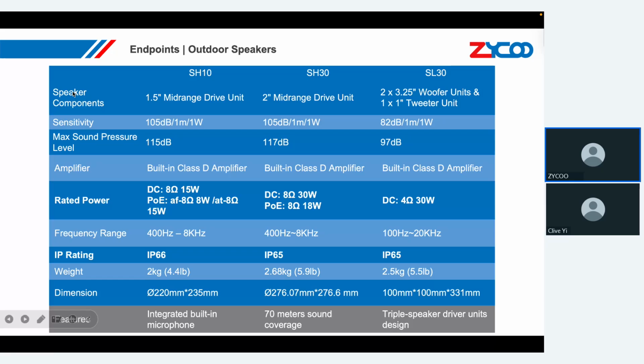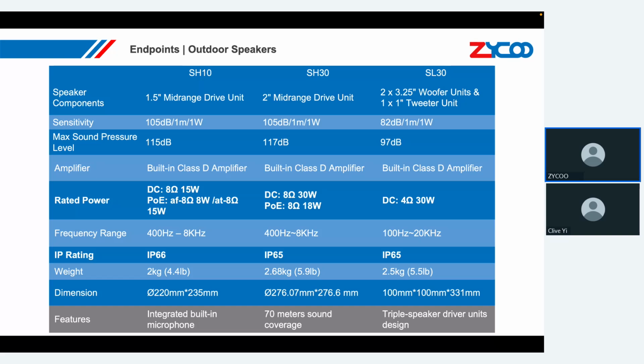the speaker components. As you can see, for SH30, it has a 2-inch mid-range drive unit. And for the SL30, it has 2 3.25-inch woofer units. And the woofer unit is the component that handles the mid and low frequency sounds. And the tweeter unit covers the higher frequency sounds.